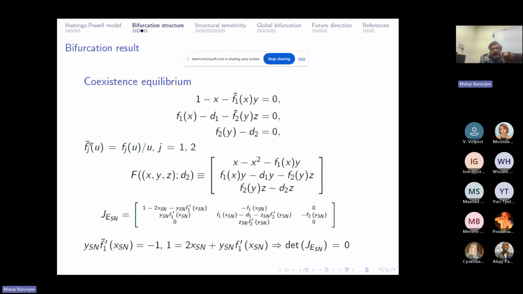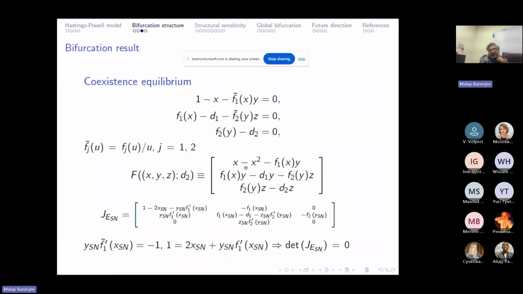Similarly, F tilde 2 stands for A2 by 1 plus B2y. And then under certain conditions, we have actually proved that two interior equilibrium points can collide, which gives us an idea that under certain conditions, two roots of this system can collide.